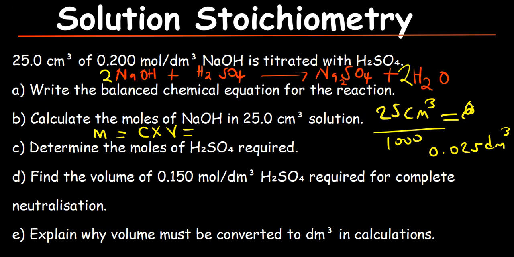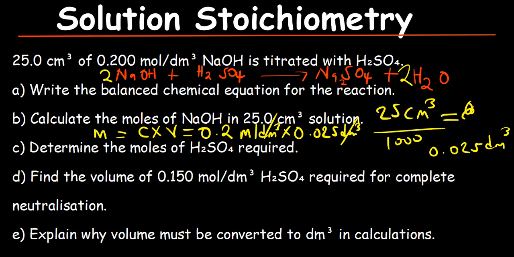So in this case, what are we going to have? We're going to have 0.2 moles per dm cubed multiplied by the volume. We just found the volume, which is 0.025 dm cubed. So the dm cubed and dm cubed I'm going to divide.